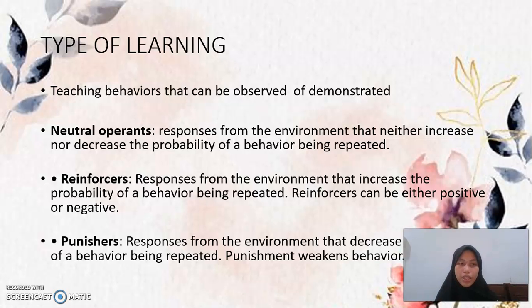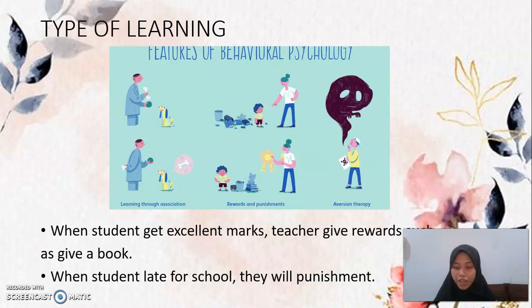Then reinforcer is a response from the environment that increases the probability of a behavior being repeated. Reinforcer can be either positive or negative. Punisher is a response from the environment that decreases the likelihood of a behavior being repeated. Punishment will weaken the behavior.